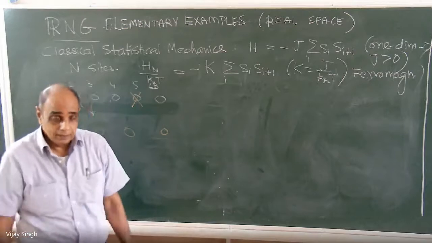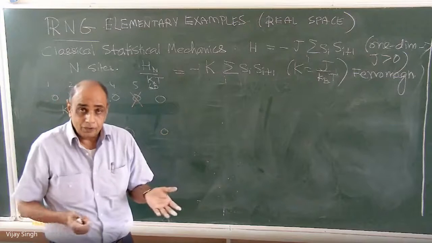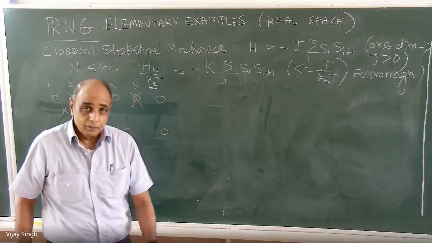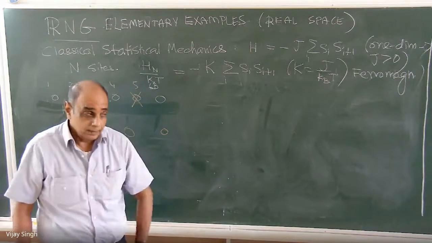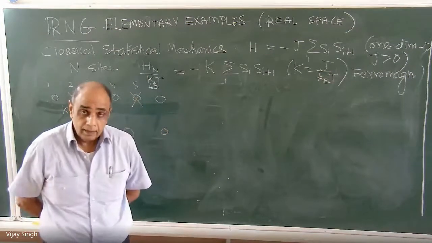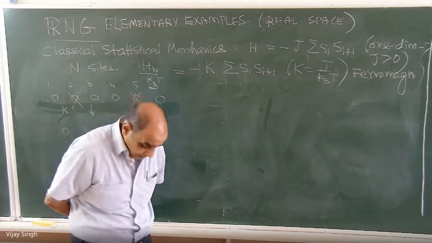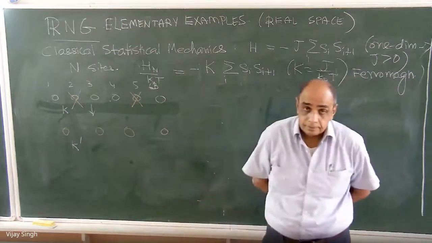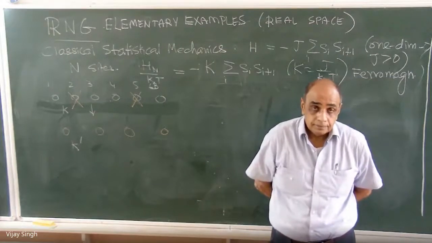Supposing I do this, and I ask you, and I know that you have done nothing at all about renormalization, but as I remove the middle sites, K becomes K prime. How much would K prime be? 2 times K, K by 2, what would it be? Take a wild guess. That's a Hamiltonian. What would it be? Take a wild guess.